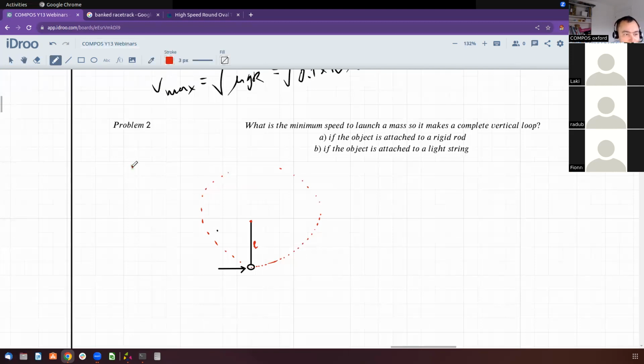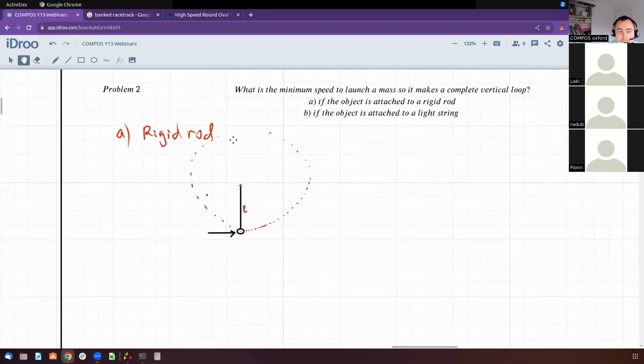So A, rigid rod. What's the minimum possible speed of the ball at the top? Yeah, 0. Because as long as it reaches the top, it can slide down.